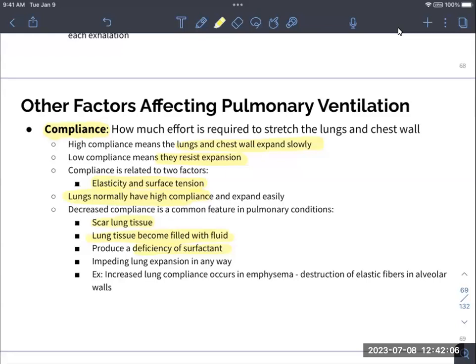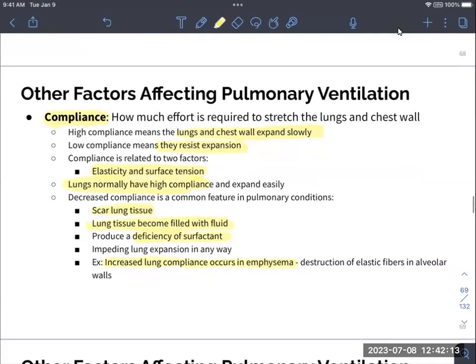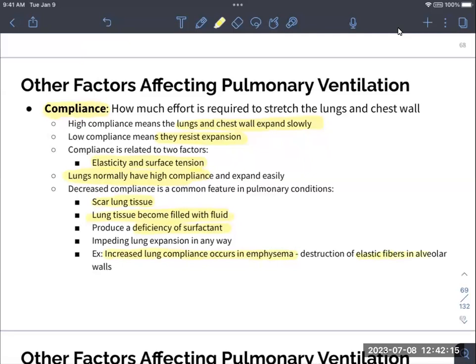There's also examples where we have increased lung compliance, like emphysema. In emphysema, these elastic fibers in those alveolar walls get destroyed. They get broken apart. So there's not as much elastic recoil in our lungs every time we take a breath in.